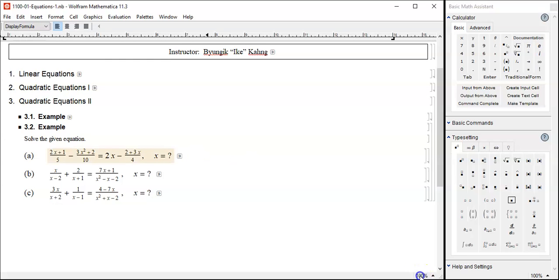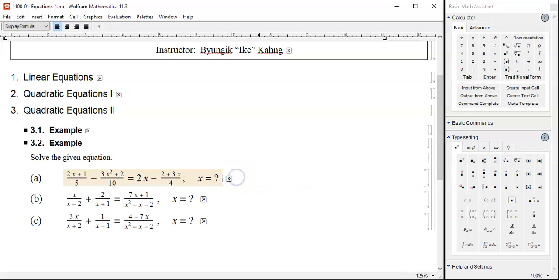We have a lot of denominators, so let me increase the font. So what do you think here? What do you think you have to multiply to each term to remove all the denominators? 20? Okay, 20.